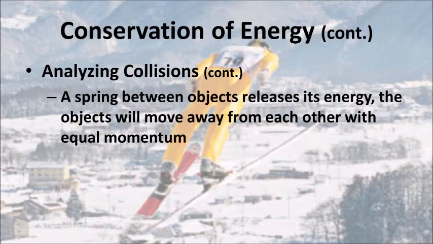As an example, let's say I have a 1 kilogram object and a 5 kilogram object. If I put enough energy where that 1 kilogram object is moving at, let's say, 10 meters per second, it has a momentum of 10. That means the other object is going to be moving at 2 meters per second, so that it also has a momentum of 10.